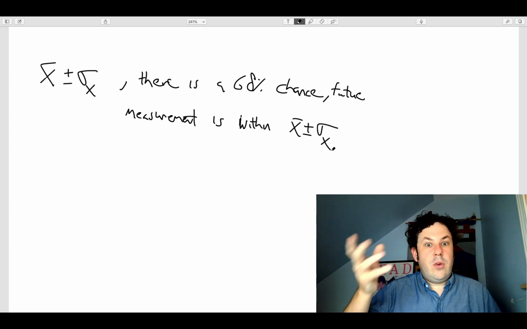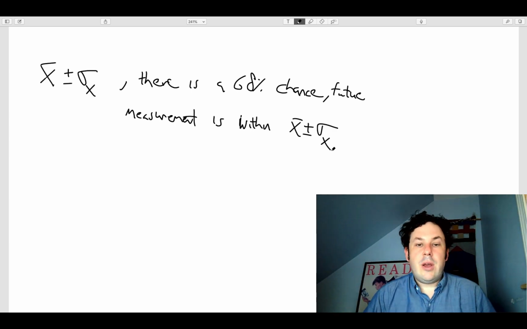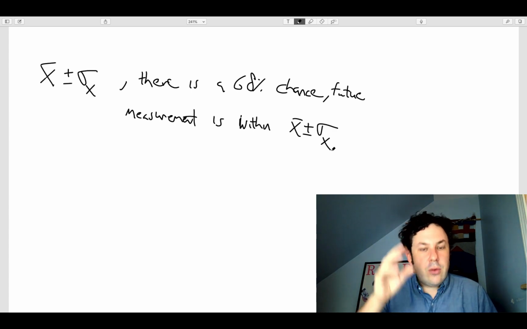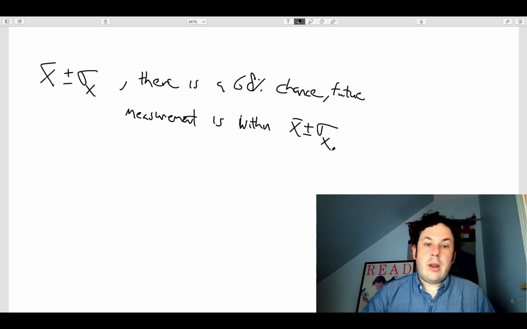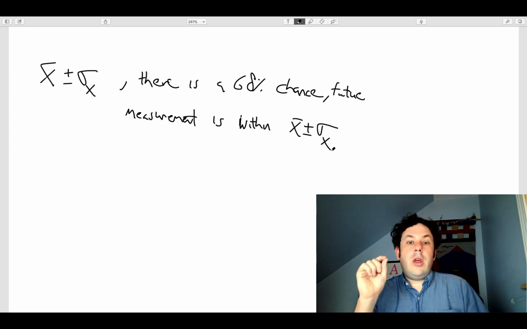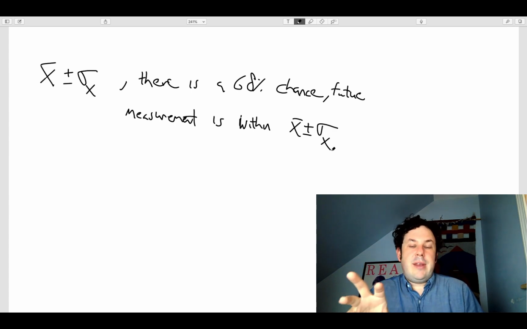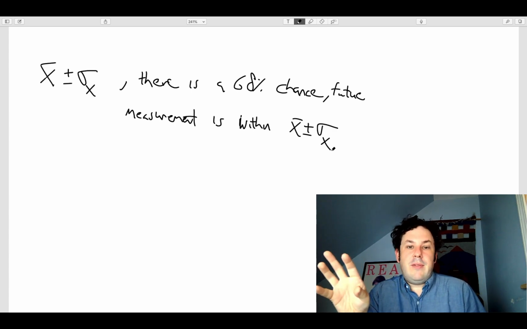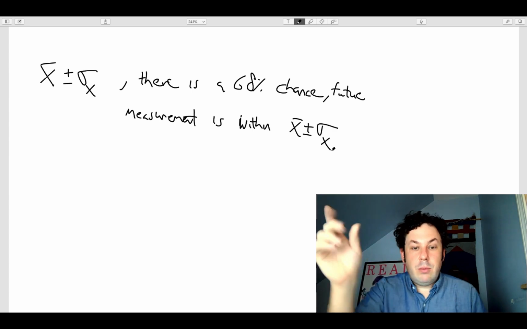So this, if you notice, is the same number as when I was talking about comparing a known value to an unknown value. It's all because we're talking about normally distributed data. So if you have an average and you have a standard deviation, you can actually predict what future measurements of the same thing might be like. So there's a 68% chance that any measurement you take in the future will be in that range.